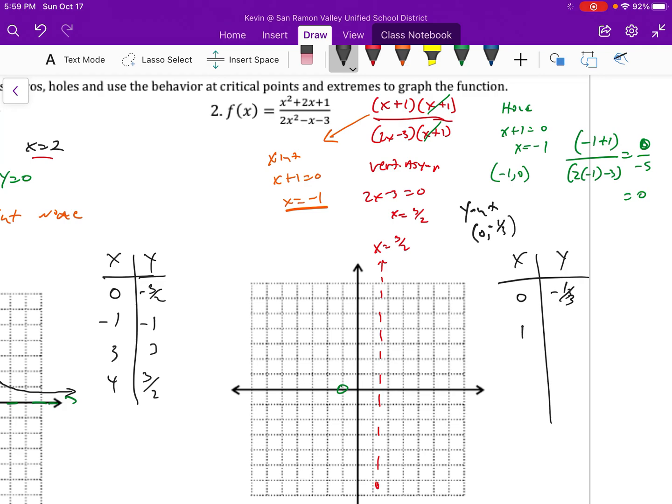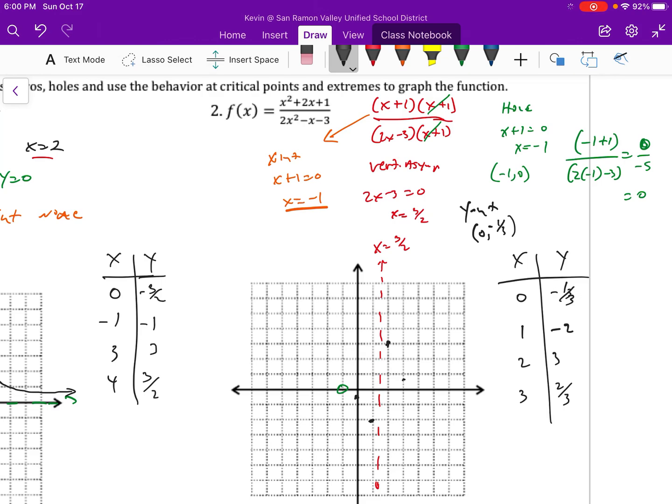And then we have 1 is -2, 2 is 3, and 3 is 2/3. So we'll plug those points in here. We have -1/3. At 1 we have -2, that's here. At 2, 1, 2, we have 3, 1, 2, 3 up here. And at 3 we have 2/3. 1, 2, 3, 2/3.